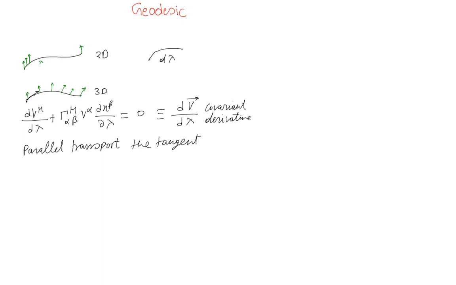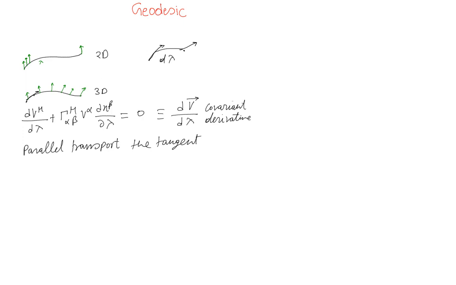This is actually long, so I'm going to exaggerate it. Now it doesn't really look like a tangent here because I have made my lambda too big, but just to show that the transported vector, or tangent, is parallel to its original tangent.